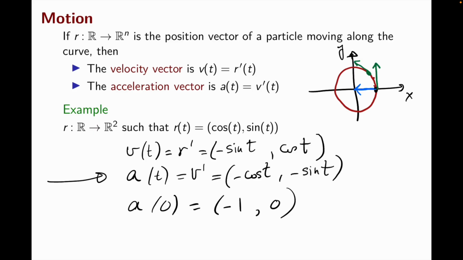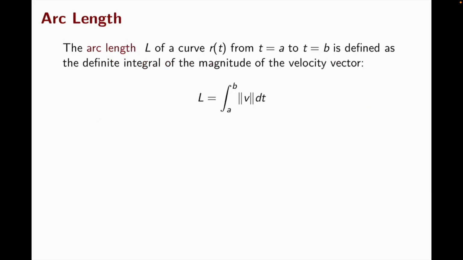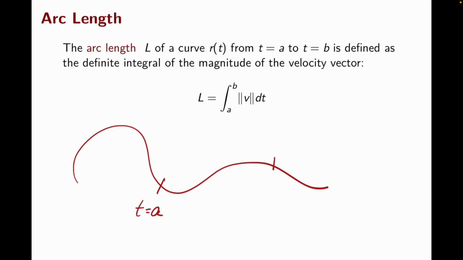We can also calculate the arc length of a curve. If this is the curve, the arc length from a certain point corresponding to the value t equal a to another point corresponding to the value of the parameter t equal b is simply how long the curve is from this point to that point.